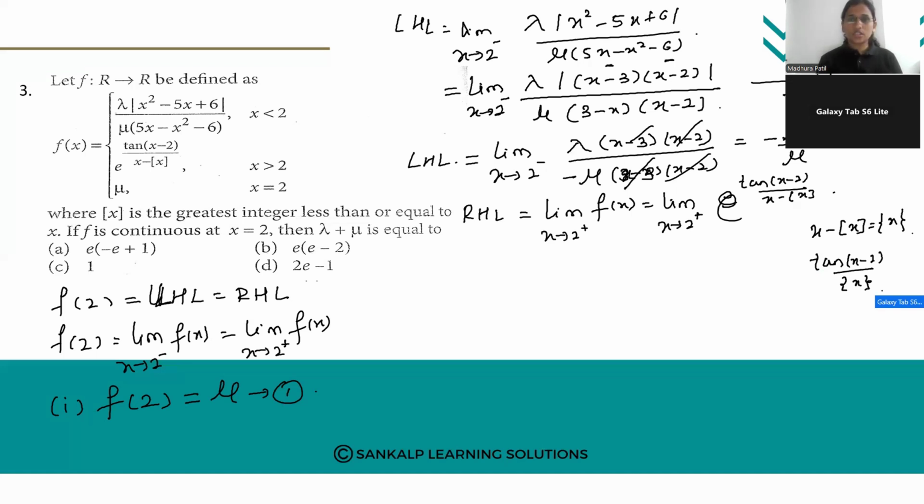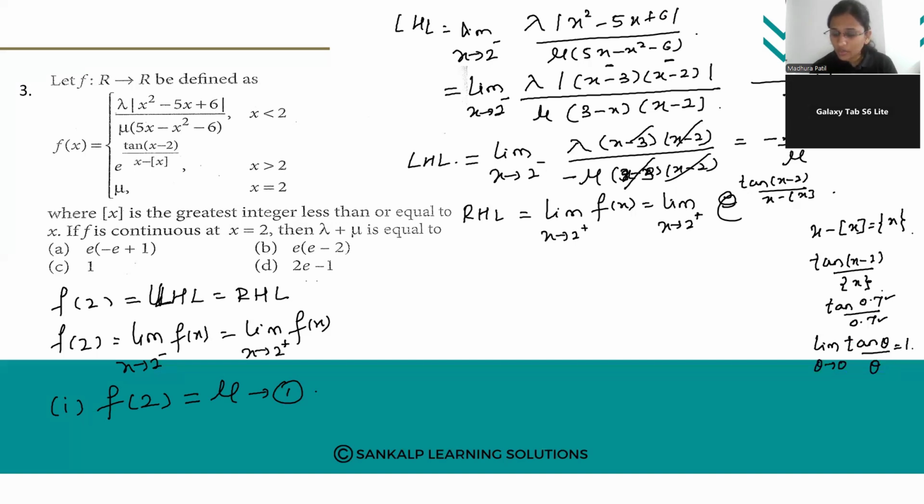Now x is approaching 2 from the right hand side. If I take any value greater than 2, say 2.7, then 2.7 minus 2 is 0.7, so the fractional part is 0.7. So you can see that I'm getting the form of tan theta by theta, because the angle and the denominator become the same. And we know the theorem that tan theta by theta, as theta tends to 0, is equal to 1.